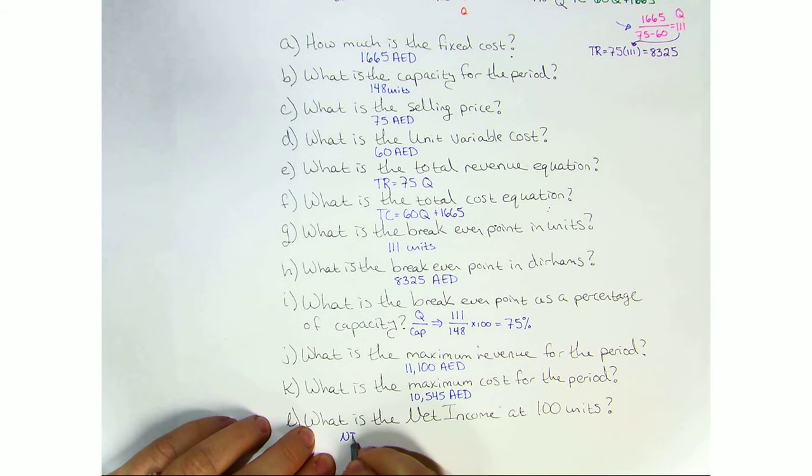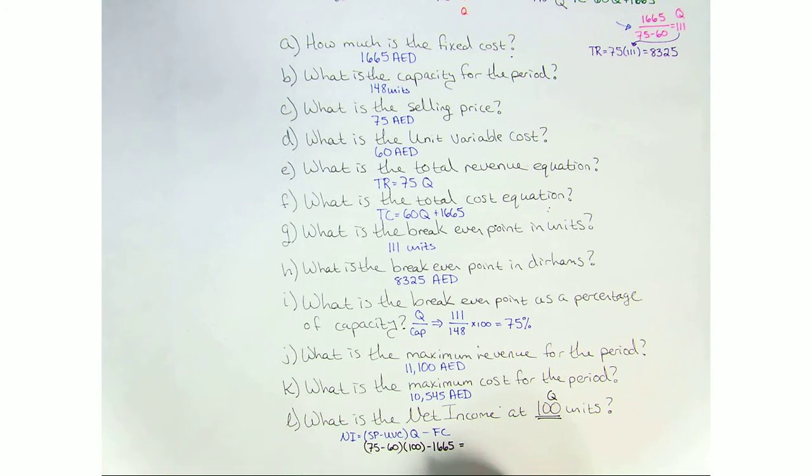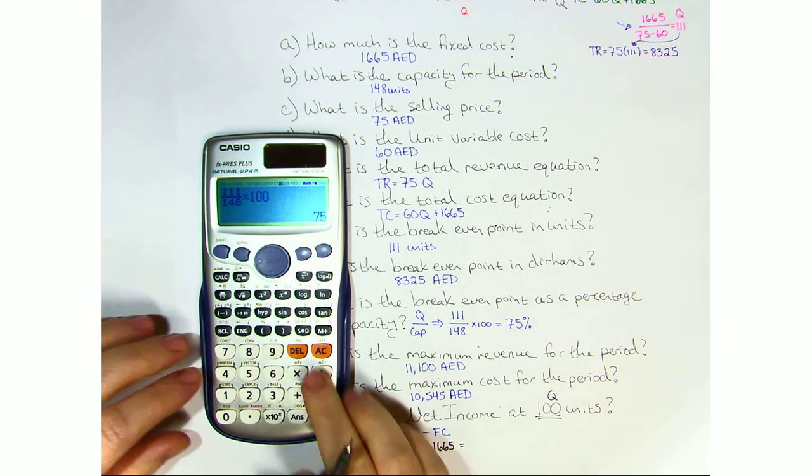For this, we're going to use the net income equation, the second one that we have. The selling price minus the unit variable cost times the quantity minus the fixed cost. The selling price we found was 75. The unit variable cost we found is 60, and it's asking us specifically at 100 units. So we're going to replace Q with 100, and our fixed cost was 1,665. We're going to put this into the calculator exactly as we see it.